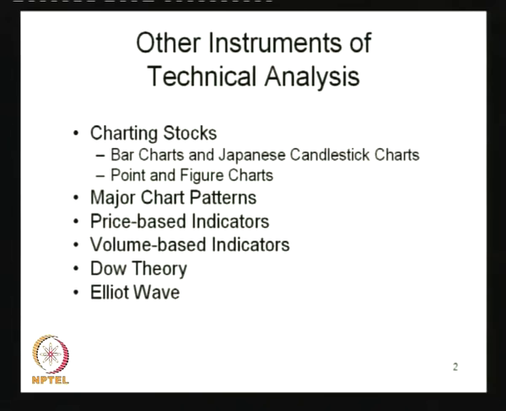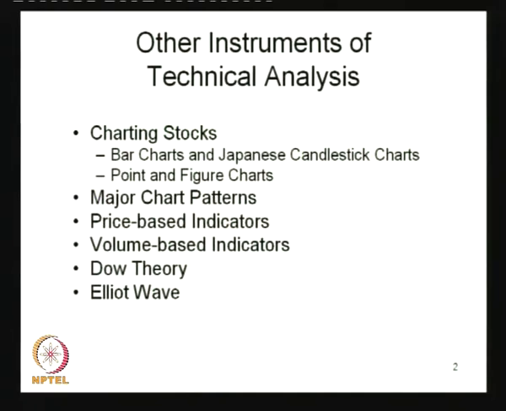As we discussed in the previous class, there are various instruments we use in technical analysis, that include basically the different charts as well as price-based indicators, volume-based indicators, Dow theory, and the Elliott wave.